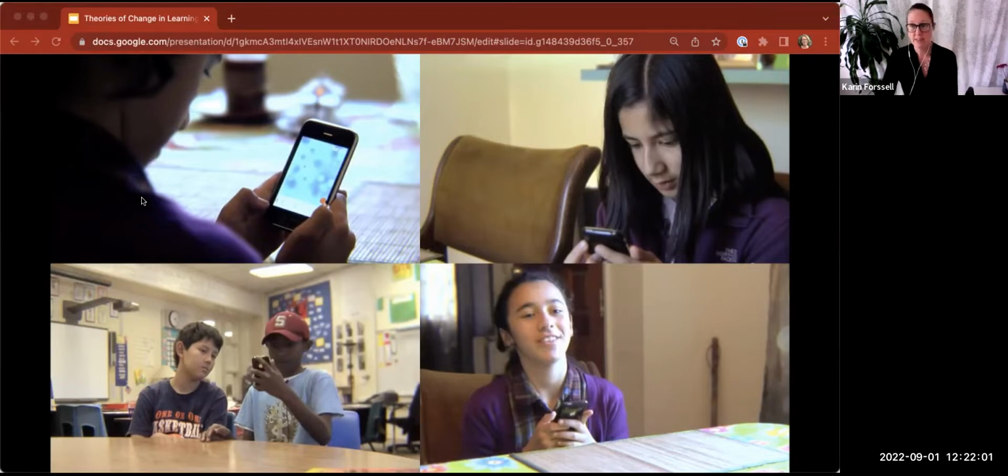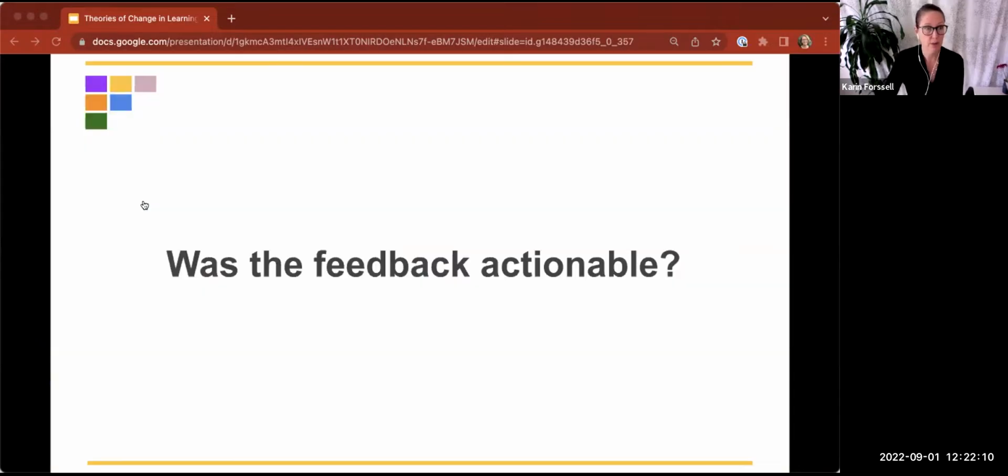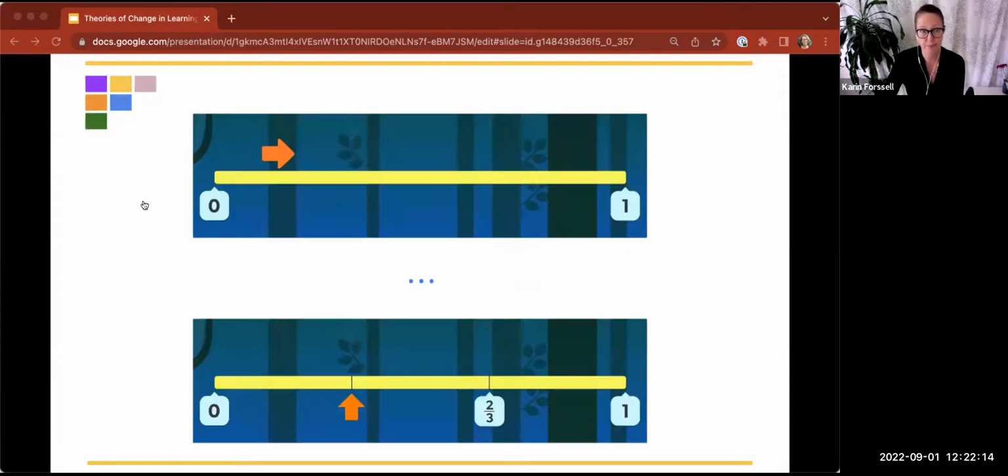So with this sort of encouragement that the kids would play it and the teachers wanted it, they then had to figure out how to make it effective. And so there was a lot of work put into this question of, was the feedback actionable? And so they tested a great deal. They put a lot of effort into getting the hints right. The scaffolding was really important.